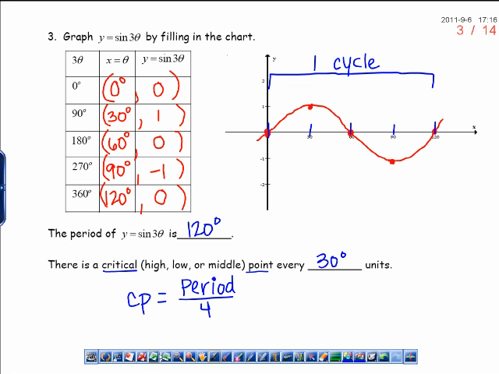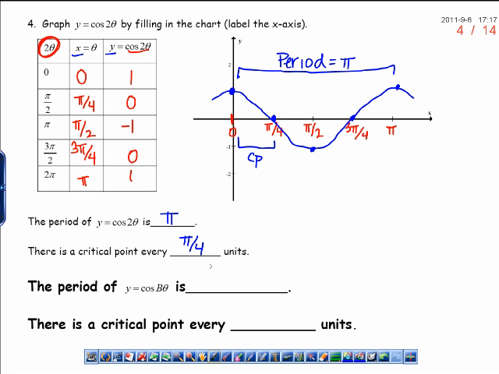So what we're doing is we're dividing this by b. This could be either 360 over b if you were wanting to be in degrees, or 2 pi over b if you were in radians. So b itself is not the period. You use b to find the period.